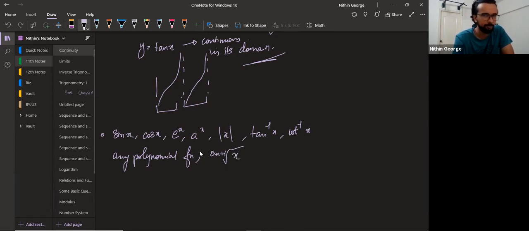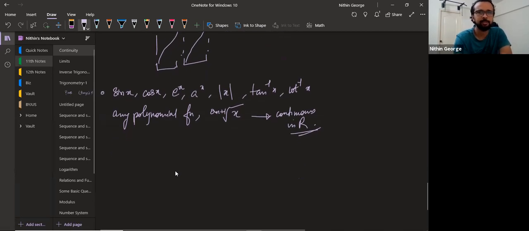These are all continuous for any real number. Guys, remember this? Sin x, cos x, e power x, a power x, all of these are continuous for any real number.